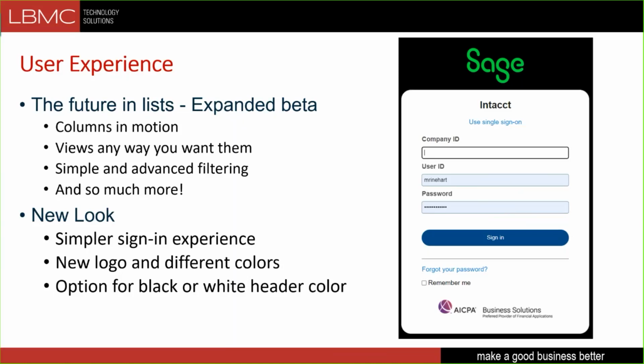You can actually choose to change that to white if you don't have your logo. And you would go into the company setup configuration company tab. So on the general information of the whole overall company setting, at the bottom, there is a display area that can choose black or white.